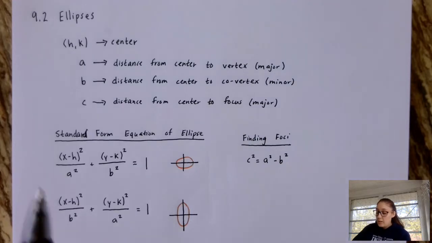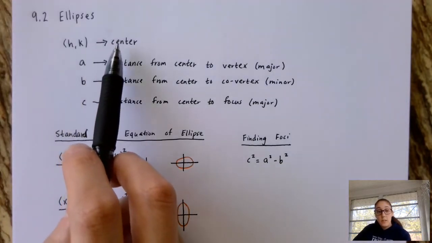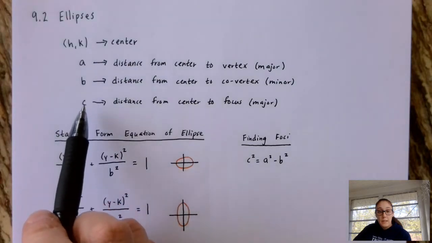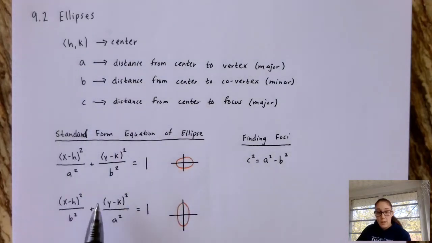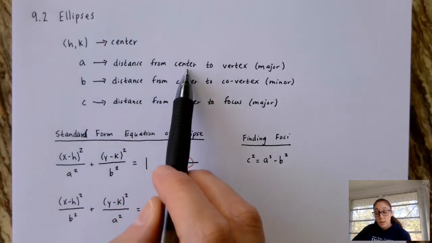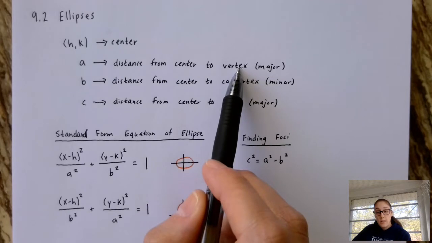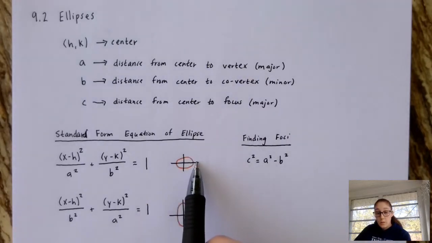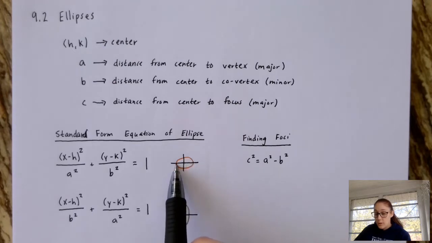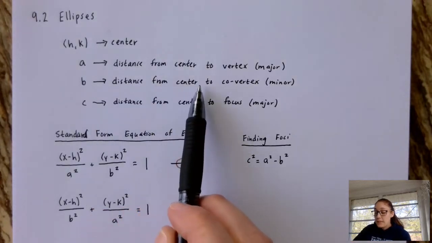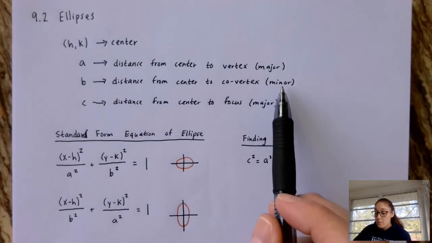Now, h, k is still going to be the center. It's going to be a coordinate. But we have these other values, a, b, and c. You already saw a and b in the equations. A is technically the distance from the center to each vertex, so the center to the vertex, the center to the vertex. Mine obviously isn't the same on both sides. Then b would be the distance from the center to the co-vertex, so that's on the minor axis.